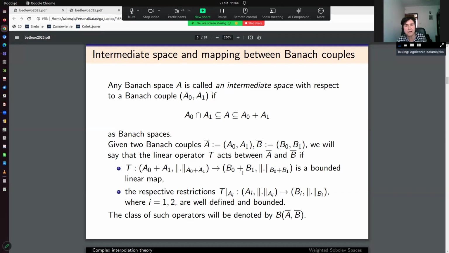Moreover, if I restrict T to A0, then it maps from A0 to B0 as a linear map between Banach spaces. And if I restrict it to A1, then it maps from A1 to B1 also as a linear map between Banach spaces. So there should be continuity of that operator. And there is a notation for such an operator: B, like bounded from A bar to B bar.